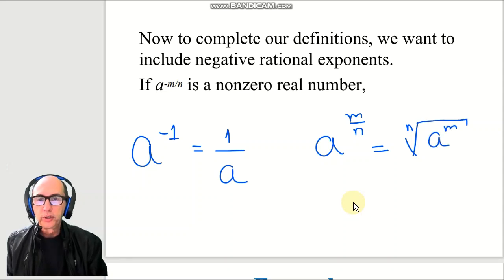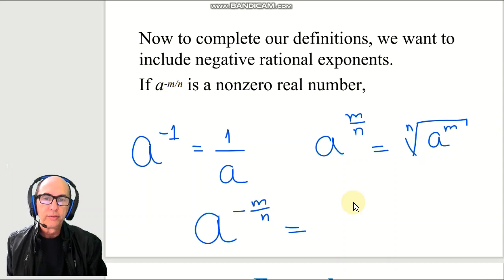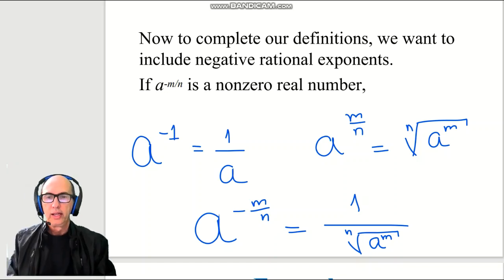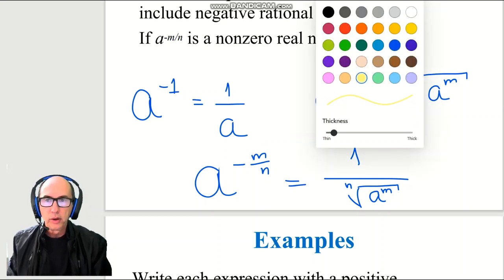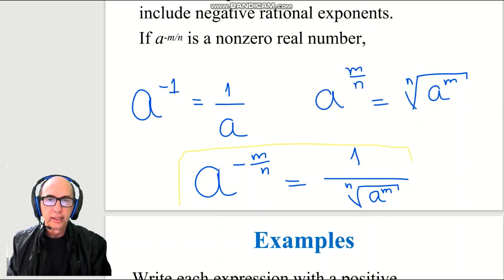If we put these two together, for a to the power of negative m over n, we have 1 over nth root of a to the power of m. Examples. It's kind of clear, but we need to know how to apply it. Okay. That's the meaning of a to the power of negative m over n.